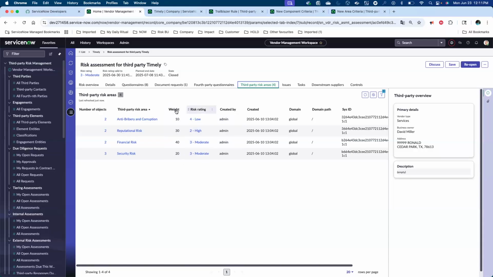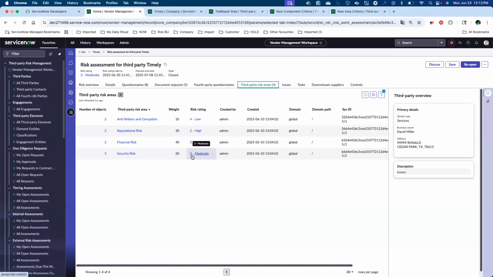So this computation: 4 multiplied by 10 is 40, 2 multiplied by 30 is 60. So that becomes 100. This is 120, which becomes 220. And then this is 60.